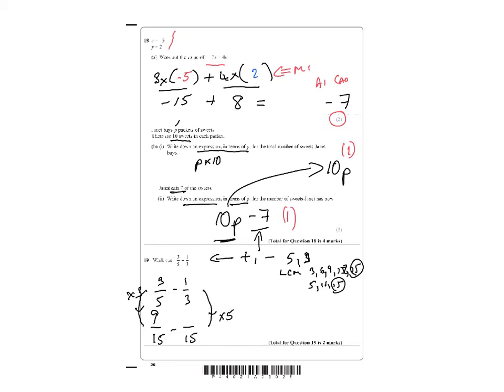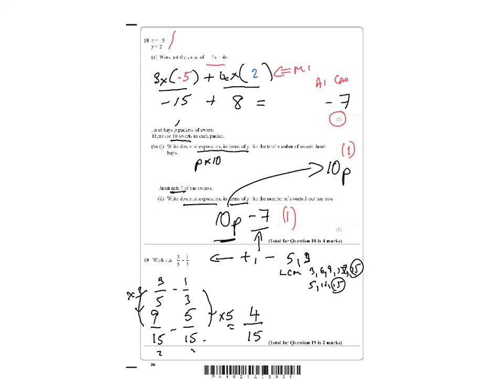Here I've multiplied the bottom number, the 3, by 5 to get me 15, so I've got to multiply the top by that. 1 times 5 is 5. I'm now left with the calculation 9/15 take away 5/15. As the bottom number is the same, we can just take away the tops, so my answer is 9 take away 5, which is 4. It can't simplify, so my answer to that one is 4/15.